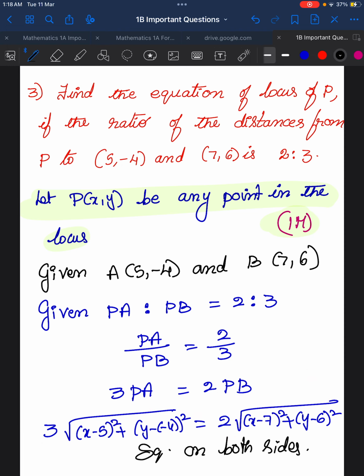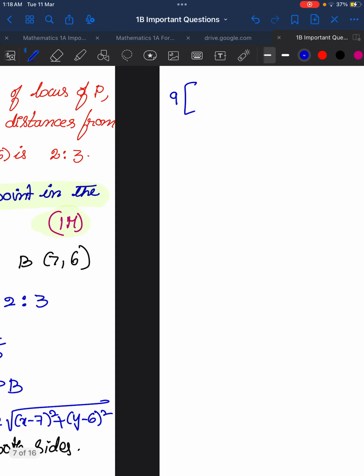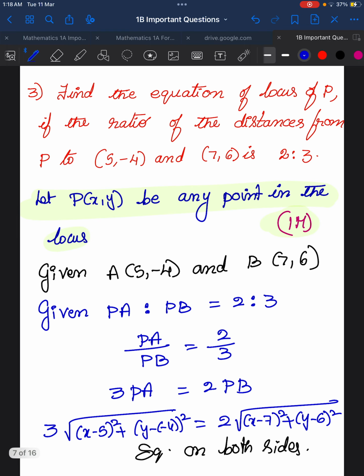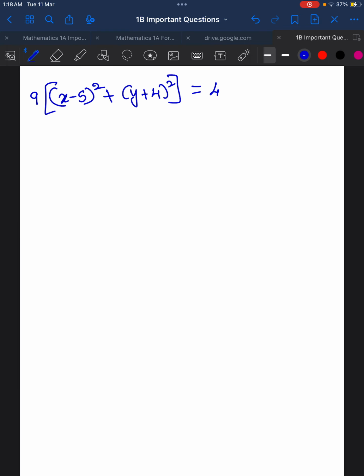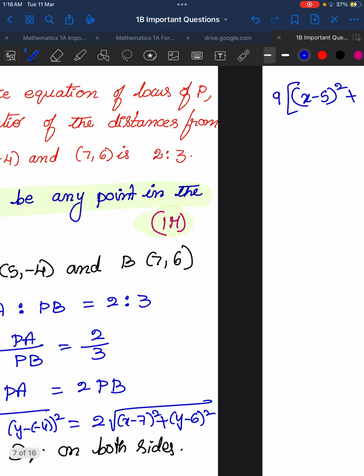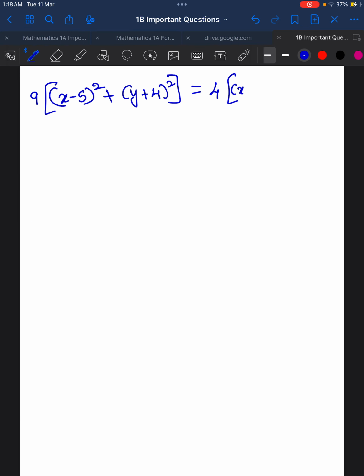So what am I getting? 9 times x minus 5 whole square plus y plus 4 whole square is equal to, on the right side, 2 square, so I got 4 times x minus 7 whole square plus y minus 6 whole square.